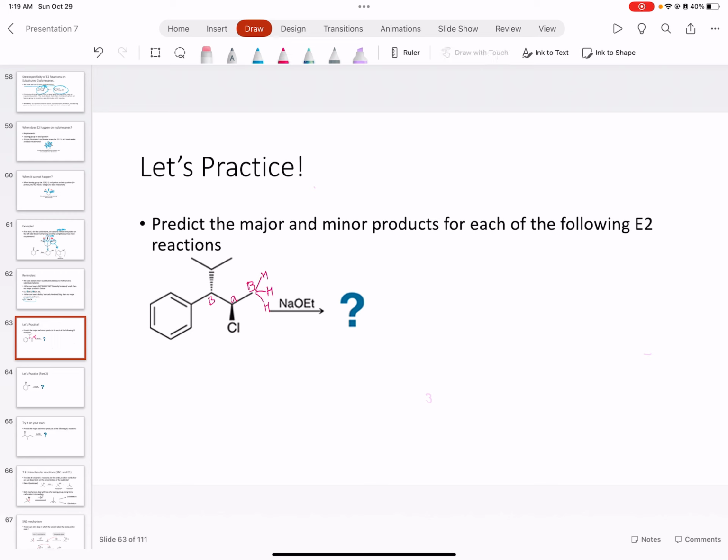We don't have two hydrogens on that beta carbon. So for this problem, we have two options, or two products. So let's do option one. What's nice is that we have a lot of room, at least for this one.